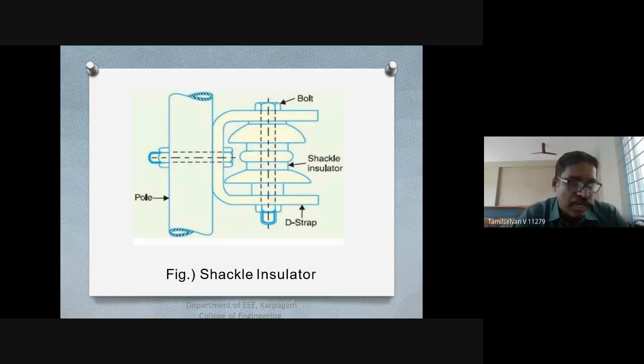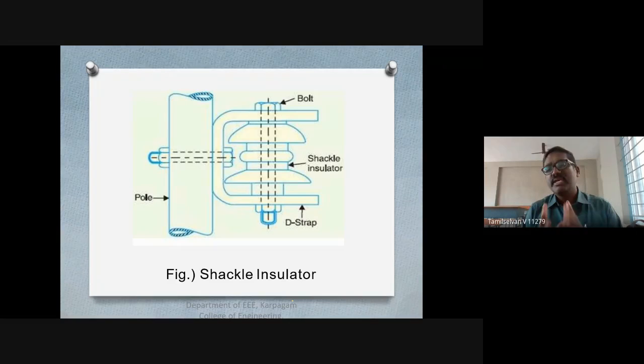Apart from that, the insulator material should be non-porous and free from impurities and cracks. If it is porous or has impurities, then it becomes like a semiconductor at higher voltages. And it should have a high ratio of puncture strength to flashover voltage. So these are the required properties for insulators.